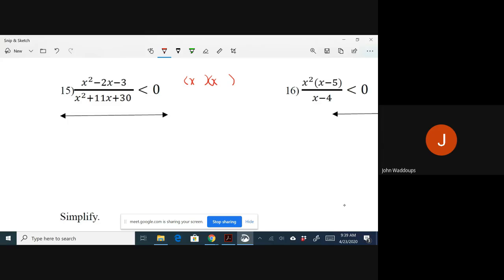Here in this problem, we're looking for numbers that multiply to -3 that combine to -2. 3 is prime, so we're going to put 3 here and 1. And because it's -2x in the middle, when it's combined, it needs to be -2. So we're going to put the negative on the 3 and the positive on the 1.